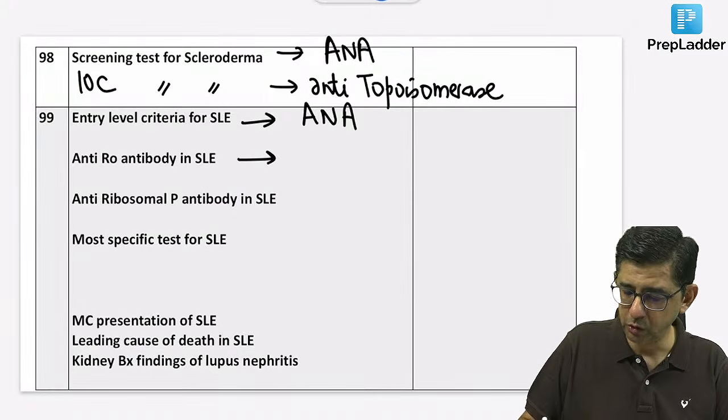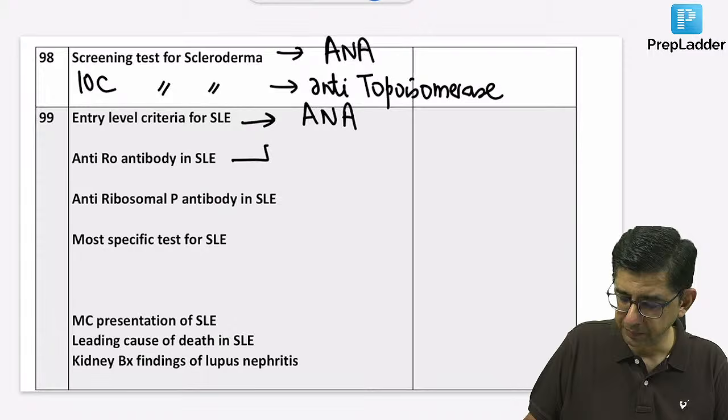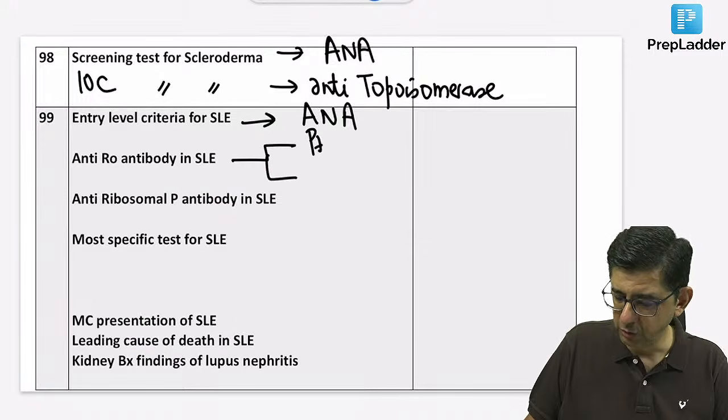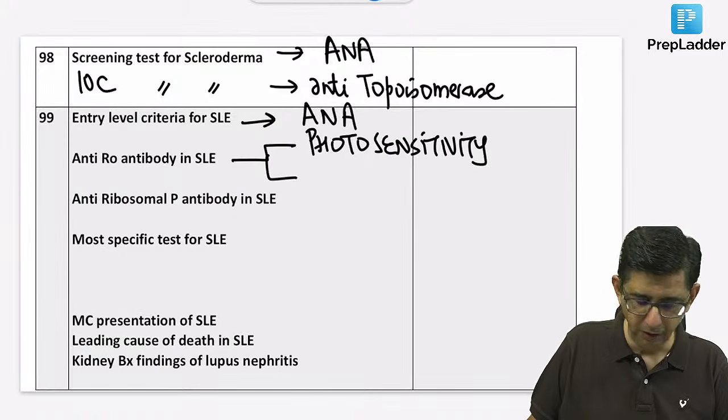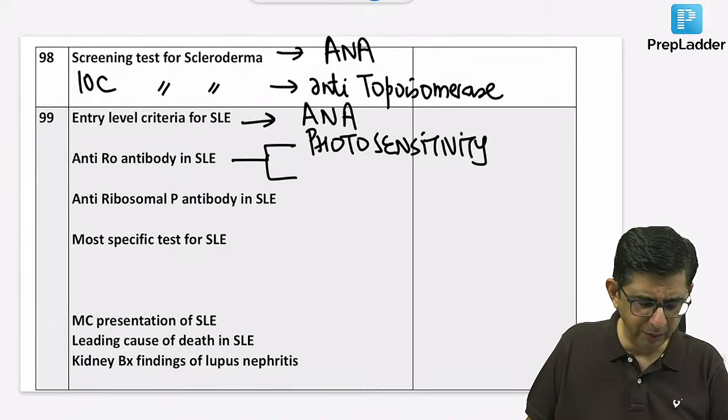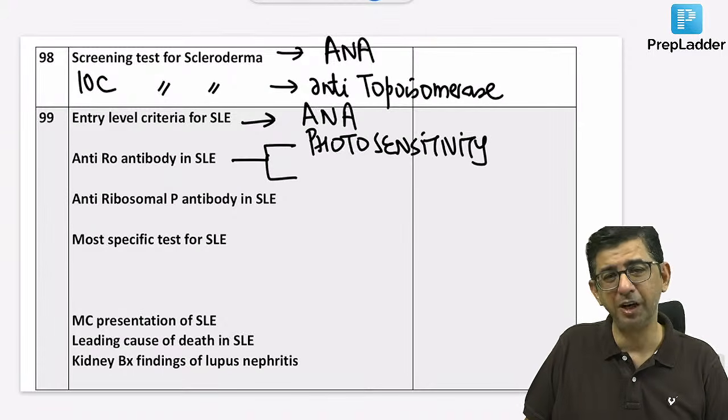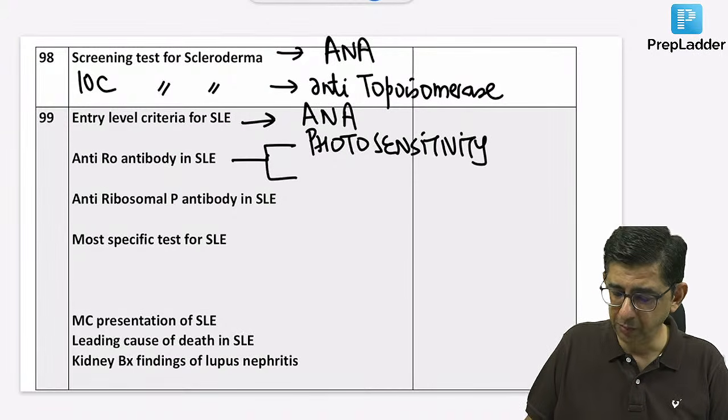Anti-Ro antibody is to be answered for two situations. One is the photosensitivity that you can encounter in patients with SLE. And second, values more than 1:80 are okay. The second one is that this can contribute to a neonatal presentation.